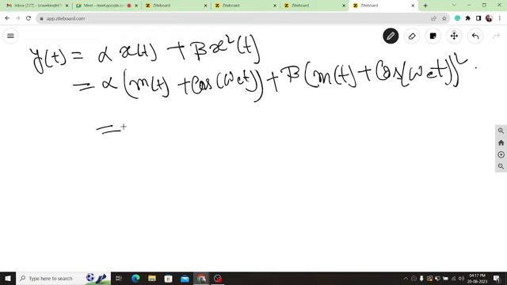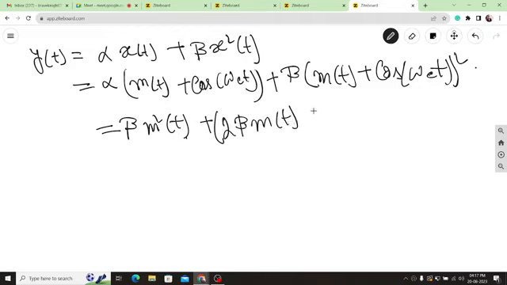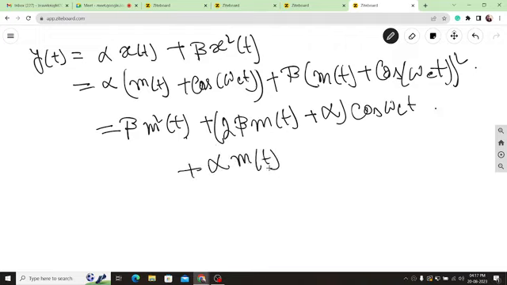So this is equivalent to beta m squared t plus 2 beta m(t) cos omega c t plus alpha cos omega c t plus alpha m(t) plus beta cos square omega c t.